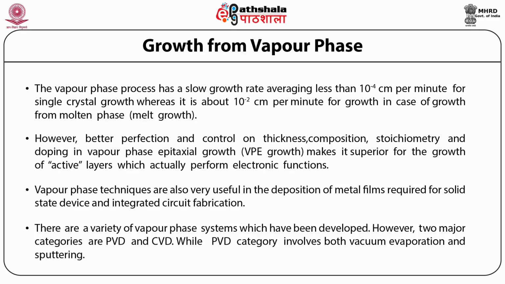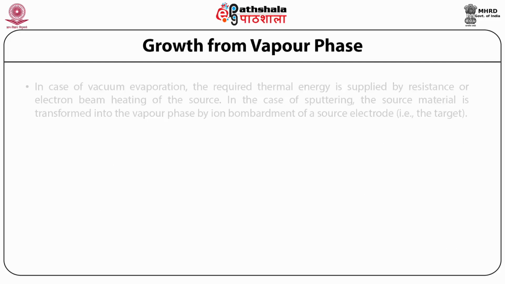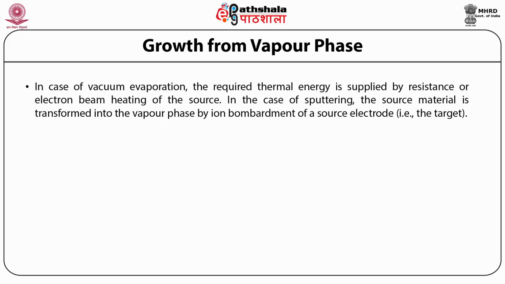While PVD category involves both vacuum evaporation and sputtering. In case of vacuum evaporation, the required thermal energy is supplied by resistance or electron beam heating of the source. In the case of sputtering, the source material is transformed into the vapor phase by ion bombardment of a source electrode, that is the target.